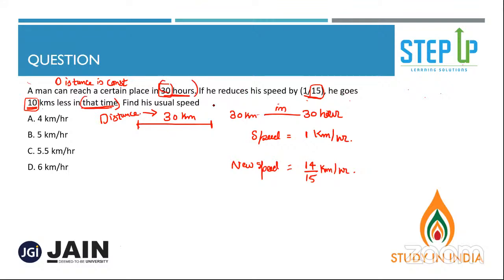That time means 30 hours. So if his speed is 14 by 15, in 30 hours, he will travel what kilometer?